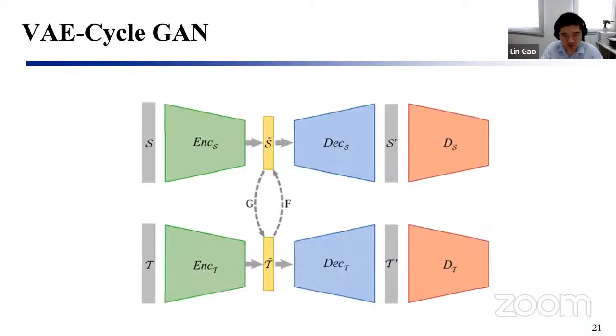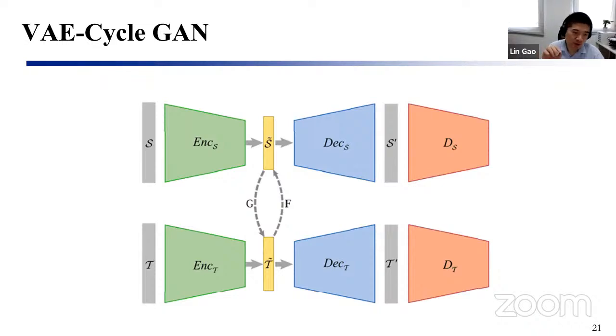So look at the network design. Here, the first row is the variational autoencoder for the source meshes, and the second row is the variational autoencoder for the target meshes. And we will do the mapping on the latent code between the source meshes and target meshes.